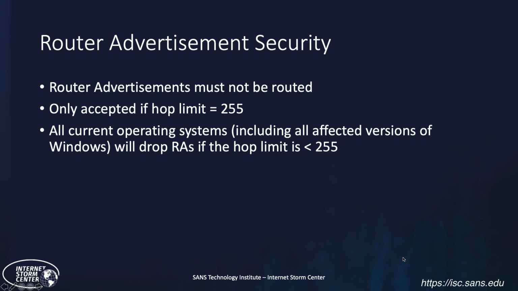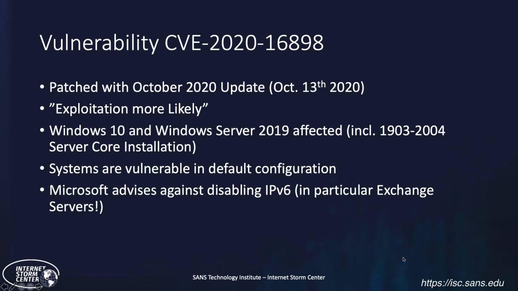For the IPv4 legacy folks out there, the hop limit is your TTL. 255 is the maximum hop limit that you can set. And the next router would decrement that to 254, and the router advertisement will no longer get parsed or accepted by a recipient. So this is why this vulnerability cannot be exploited across a router.